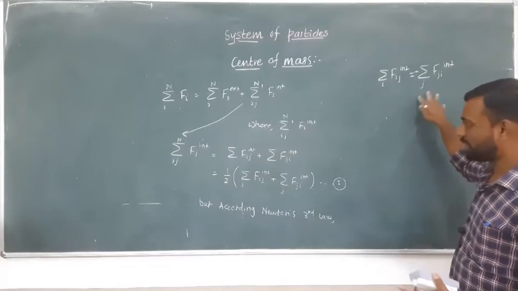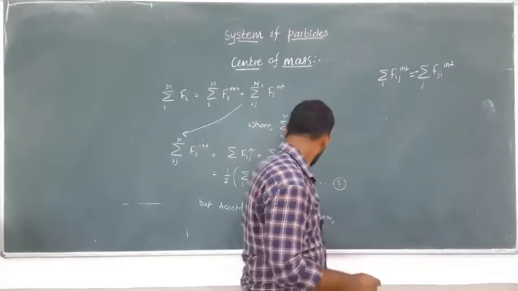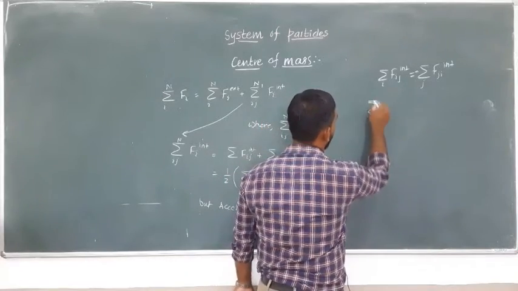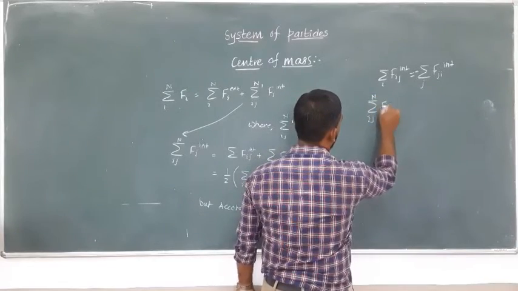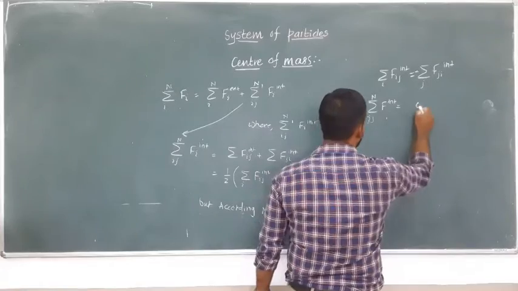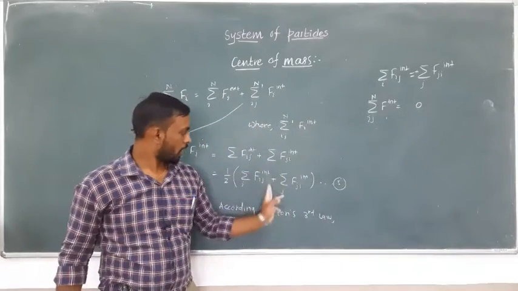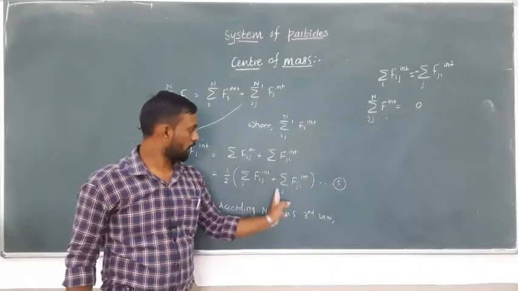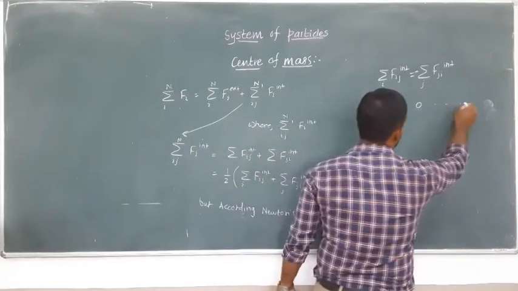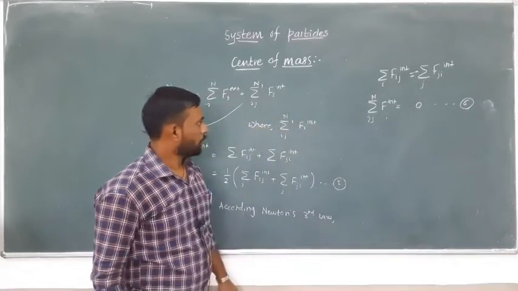So if you use this in equation number 5, the summation over i, j of F internal is equal to 0, because Fij equals minus Fji, and if I replace it with this value, they cancel out completely. So it comes out to be 0, and let's call this equation number 6.